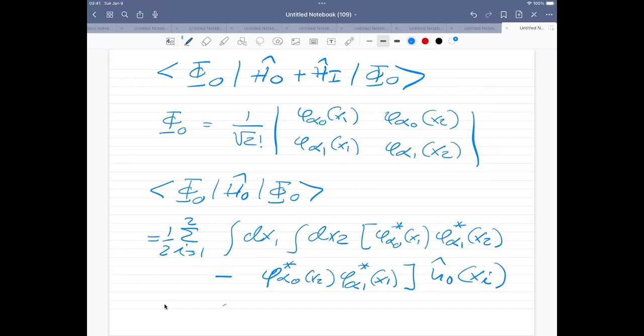And then we multiply this again with the ket side. So we would have a phi alpha 0 of x1, phi alpha 1 of x2 here, minus phi alpha 0 of x2 times phi alpha 1 of x1.